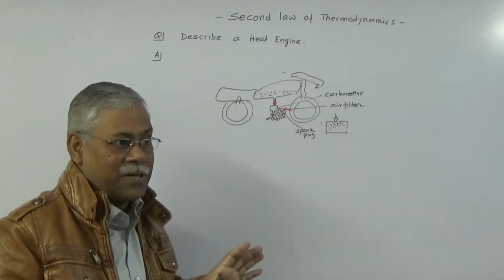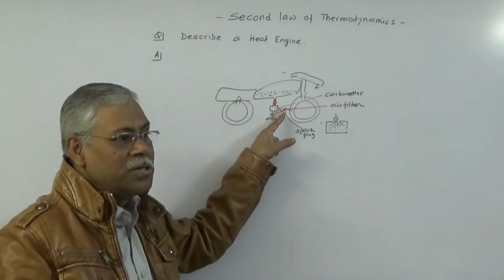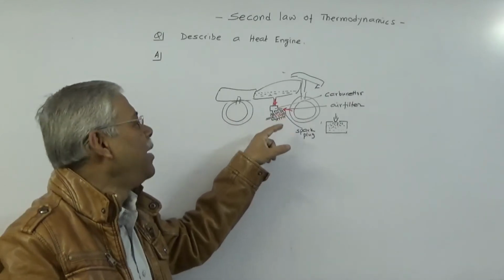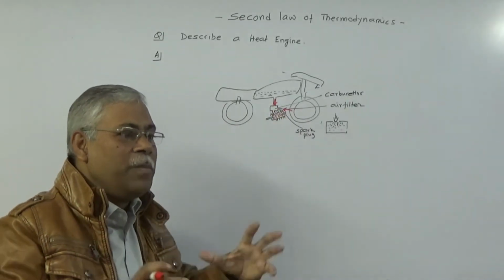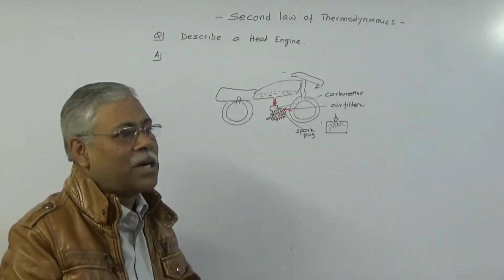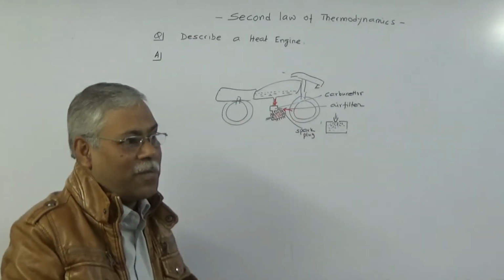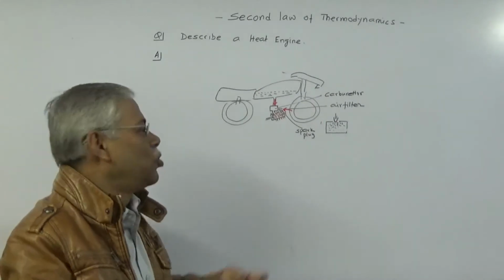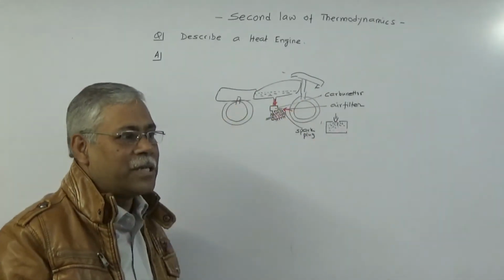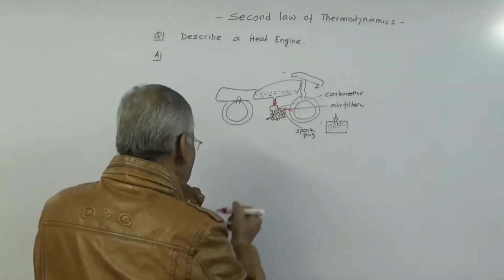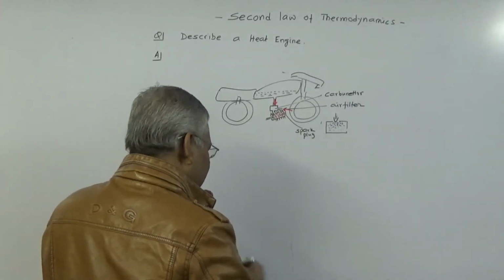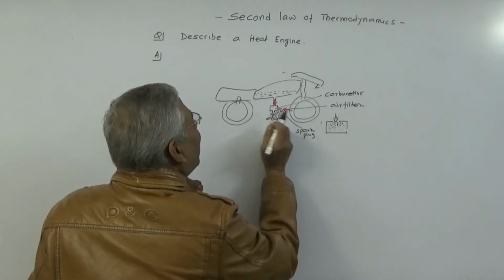That spark will ignite the whole thing. The whole mixture will explode, and that is the loud sound that you hear from outside. That is actually the sound of explosion. Due to that explosion, the piston will move backward, carrying tremendous power in it.